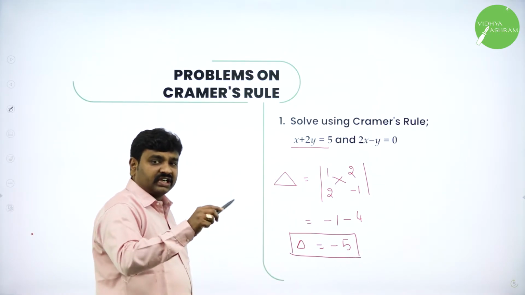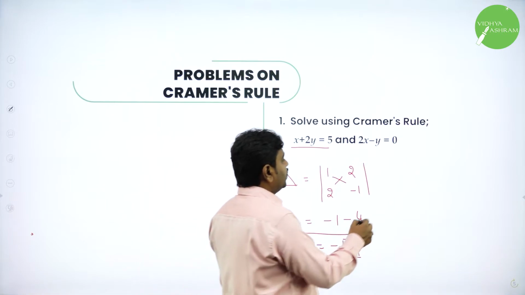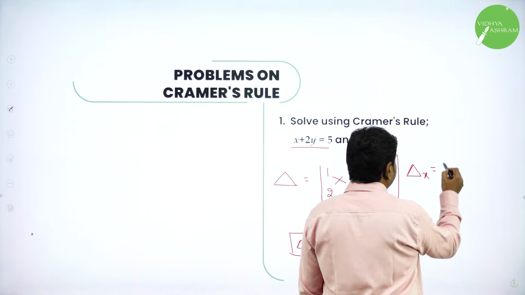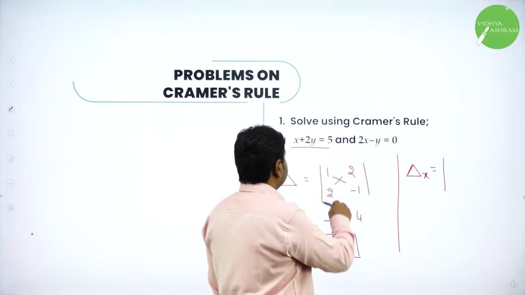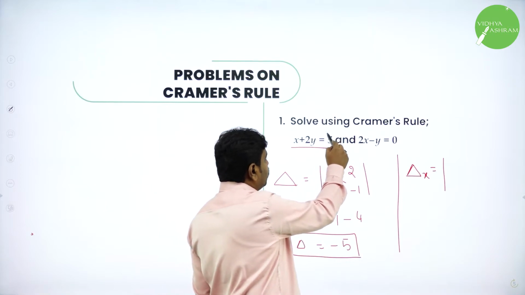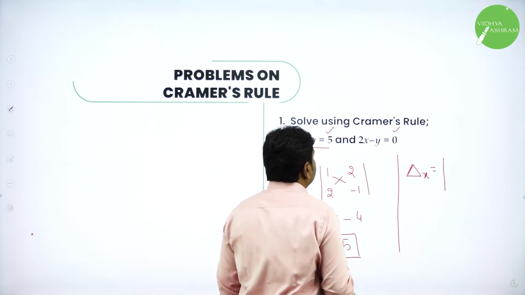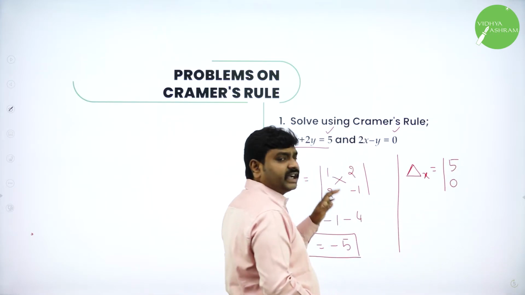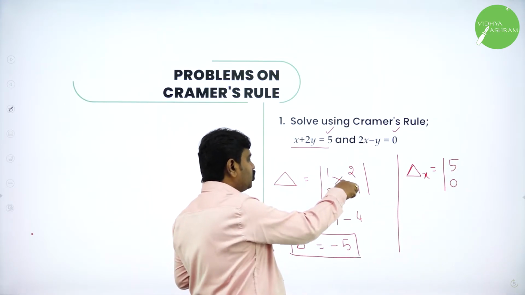Second step, you should find delta x. How to find delta x? Delta x means in the first column, remove this first column or replace this first column by constants. What are the constants? 5 and 0. So first you write 5, second you write 0. And the second column you don't disturb. What is the second column? 2, minus 1.